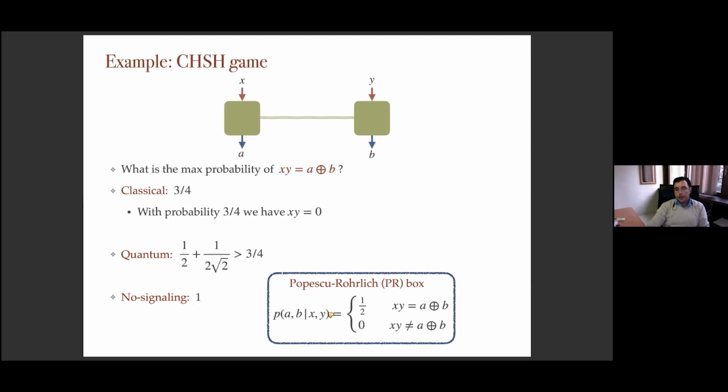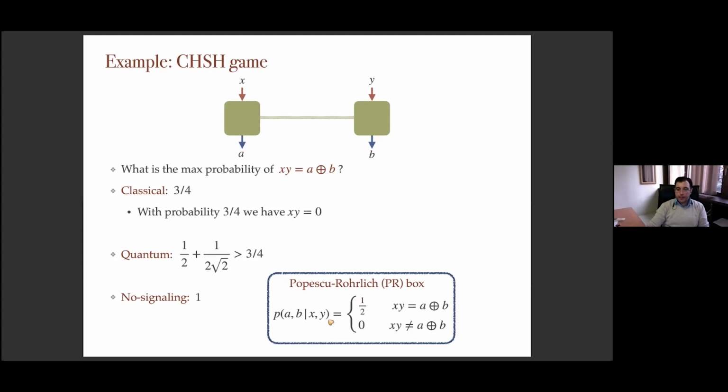I can give you a distribution, a correlation that satisfies this equation. It's simple, it's easy to guess. The probability of A and B given X and Y: check if this equation is satisfied. If it was the case, then let this probability be 1/2, and otherwise let the probability be 0.